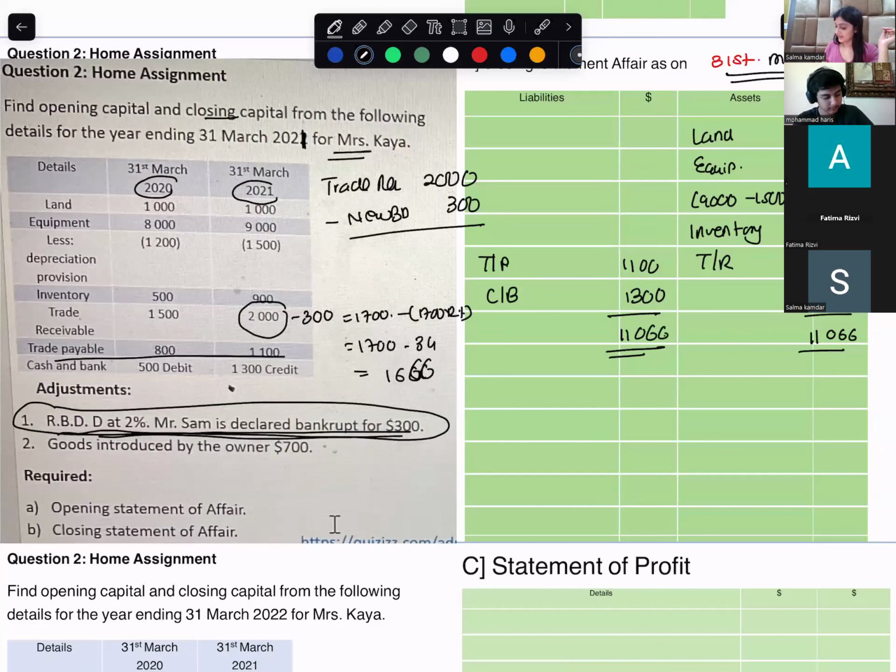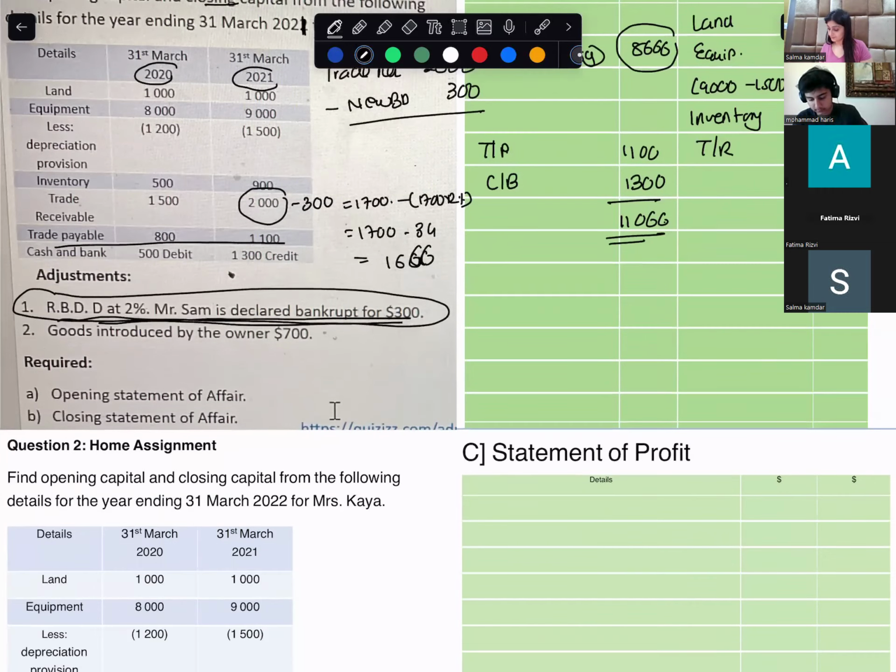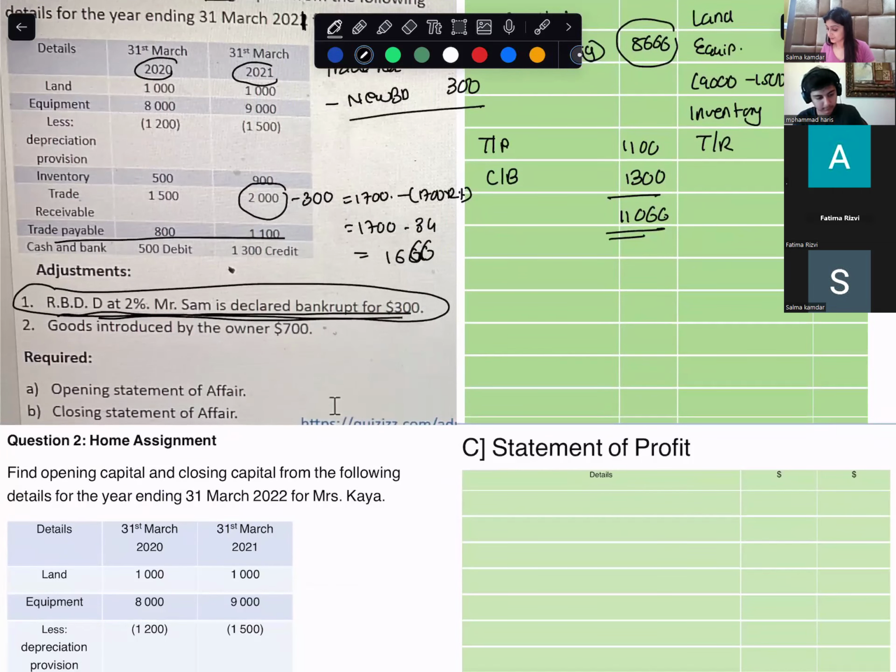And the closing capital? 8,666. Are you all getting the same amount?